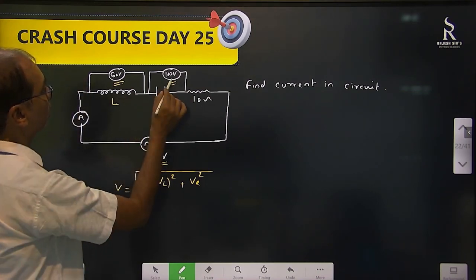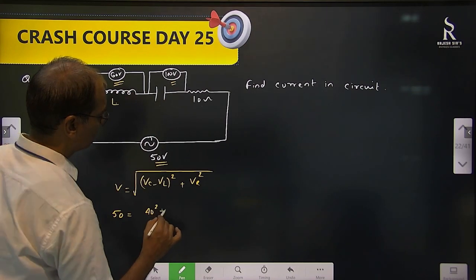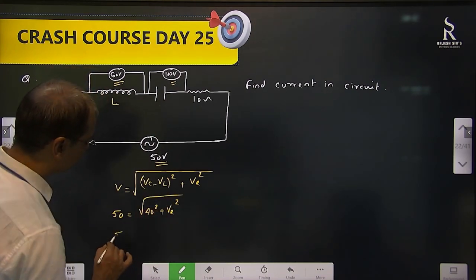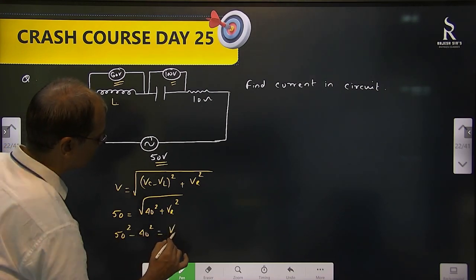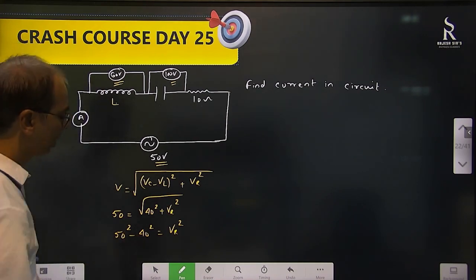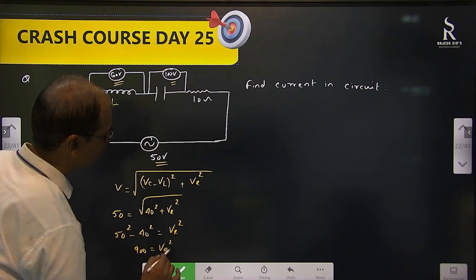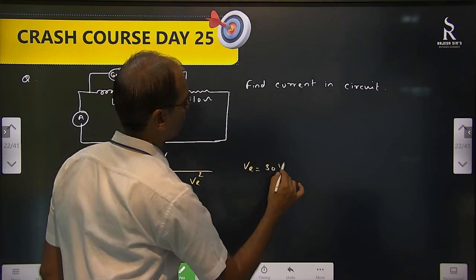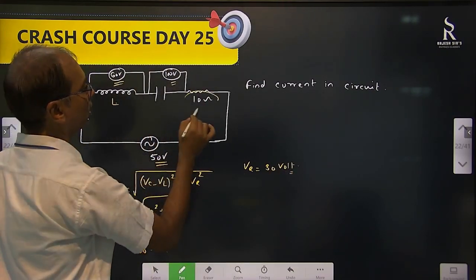VC minus VL is what? 100 minus 60, that is 40, plus VR square. So 50 square minus 40 square equals VR square. 2,500 minus 1,600 is 900. So 900 equals VR square. That means VR is 30 volt.